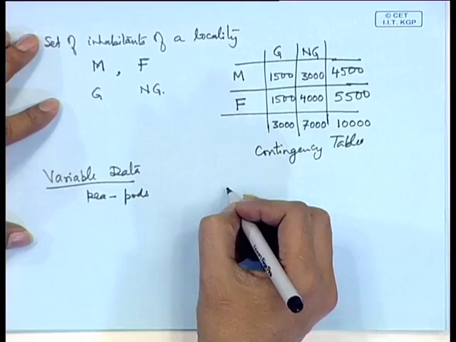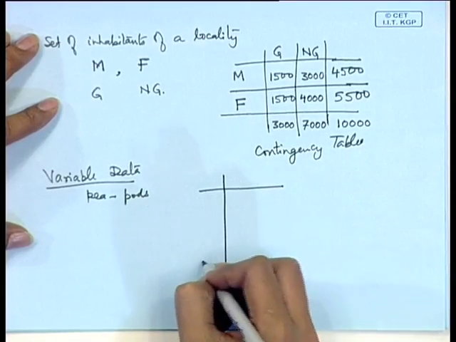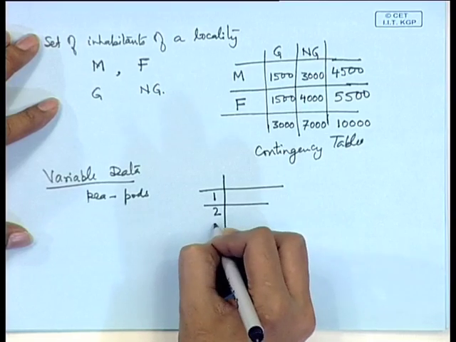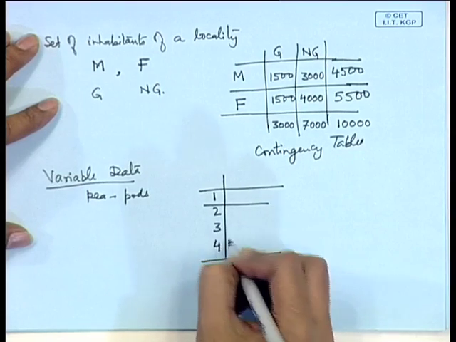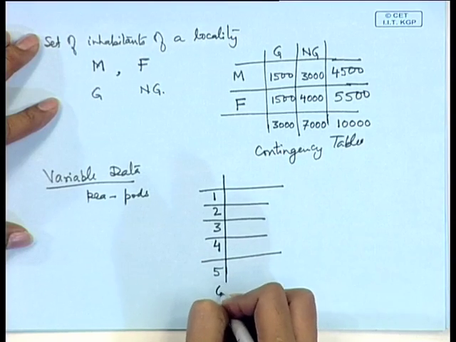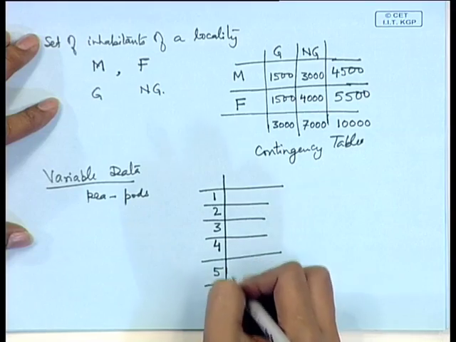There may be no peas, there may be 1 pea, 2 peas and so on. Finally, we classify; if it is 0 we neglect it. Out of 198, how many are having 1, how many are having 2, how many are having 3, how many are having 4, how many are having 5, how many are having 6 and how many are having 7 peas.